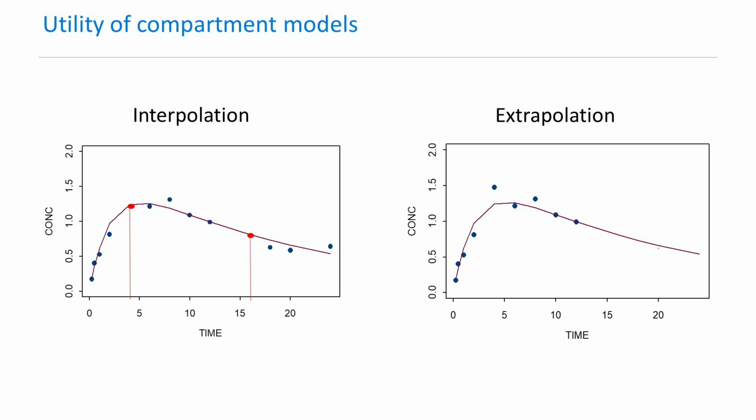And similarly for extrapolation, if I have this curve for this patient, I can extend that curve out to understand what happens after I've stopped sampling. So interpolation and extrapolation are both forms of simulation, and they're very, very useful for us to be able to fill in gaps. And in particular, in the interpolation component that I mentioned, to be able to match our PK and PD at the same times is always quite useful.